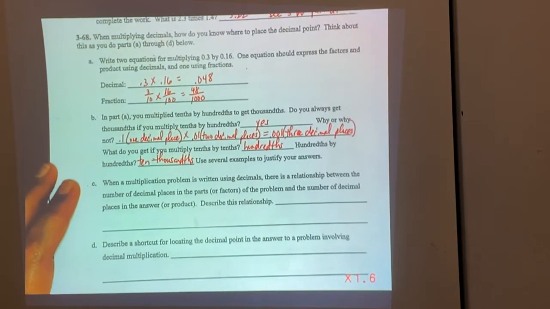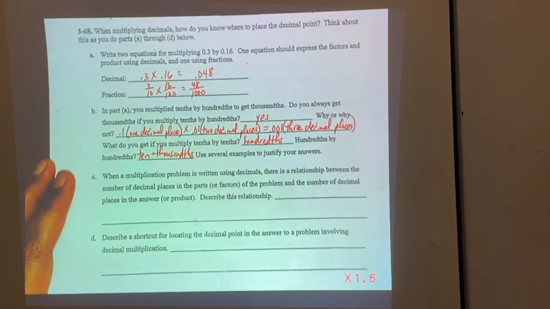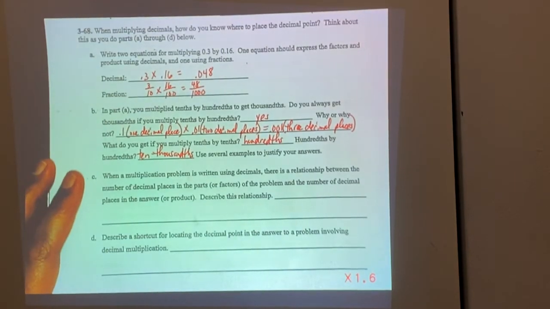Okay. C. When a multiplication problem is written using decimals, there is a relationship between the number of decimal places in the parts or factors of the problem and the number of decimal places in your answer. Describe this relationship.